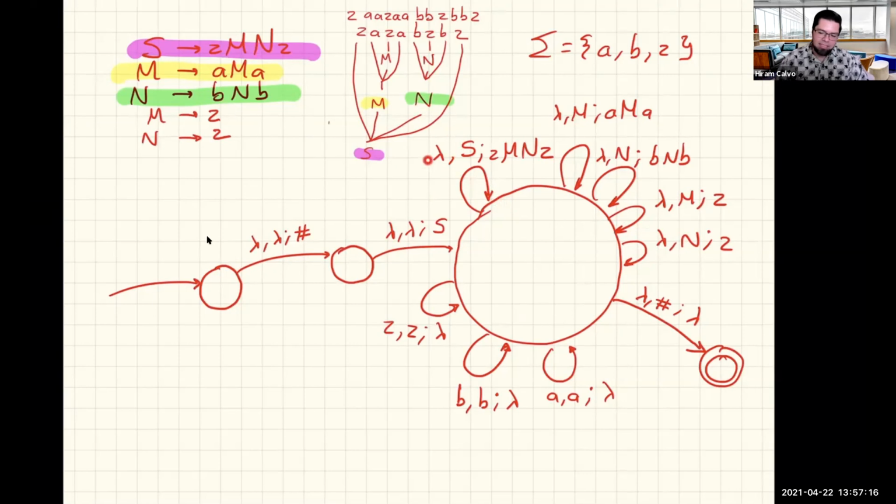Now, the problem with this is ambiguity. And we will also see different ways of dealing with ambiguity, different strategies, and we will see some parsers that look ahead for knowing which is the correct rule to apply, but they will be in the future.